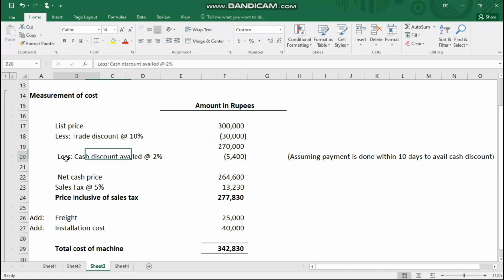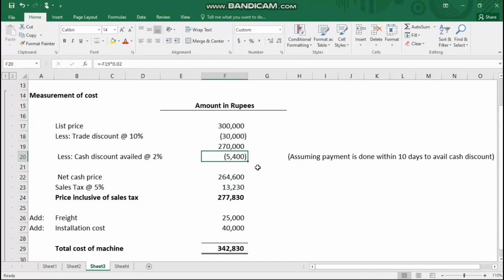Okay, and after that, in order to avail the cash discount, which is 2% if paid within 10 days, I'm assuming that this discount was availed, meaning payment is done within 10 days. So this is my assumption. So I will further deduct this 2% cash discount, because from the definition, if I recall, purchase price less any discounts or rebates.